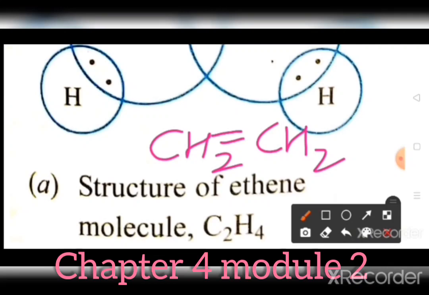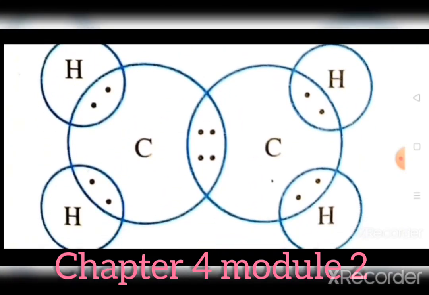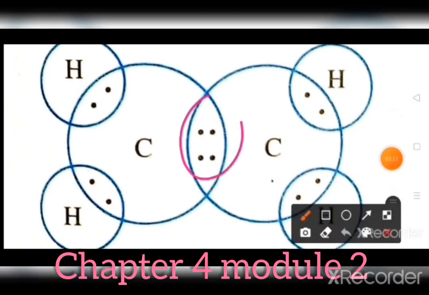Carbon has 2 bonds with another carbon, and it is also sharing electrons with 2 hydrogen atoms. So it is the C2H4 electron dot structure. You can see here the shared part is 4 electrons in total, shared between 2 carbons, and the sharing with hydrogen is the same, 1 from carbon and another from hydrogen. Like this we have to do.